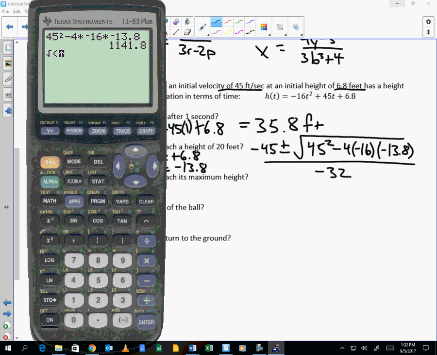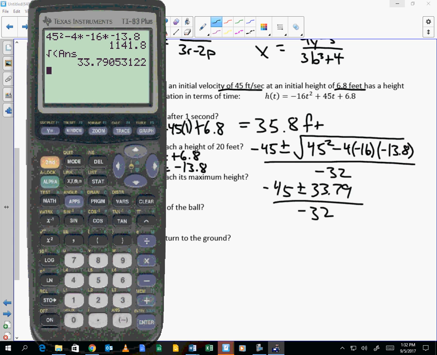That's the last answer my calculator has generated, so I press second square root, then second, then answer, A-N-S. See that? It just grabs that and takes the square root. So I get negative 45 plus or minus 33.79 divided by negative 32.